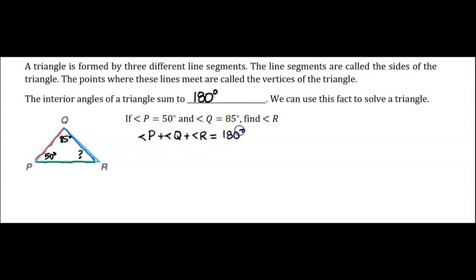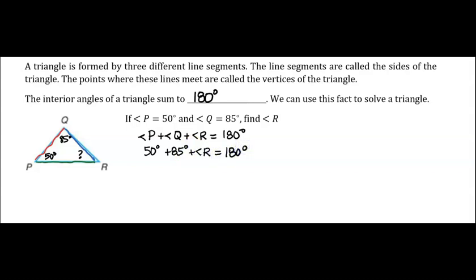We just learned that fact. So I'm going to start plugging in. I'm plugging in 50 degrees for angle P, and I'm plugging in 85 degrees for angle Q. We don't know what angle R is, so I'm going to leave that as angle R for now, but I know they should add up to 180 degrees.